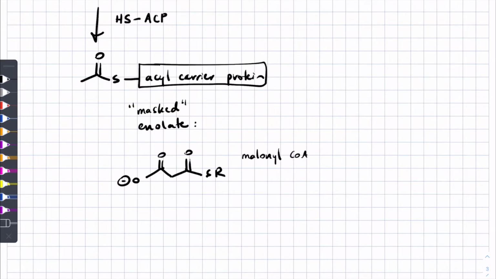Notice it is a beta keto acid, which is primed for decarboxylation. And remember that decarboxylation happens because when these electrons kick down and create a new pi bond, the electrons in the bond between carbonyl carbon and alpha carbon can go onto the alpha carbon where they're stabilized by resonance.